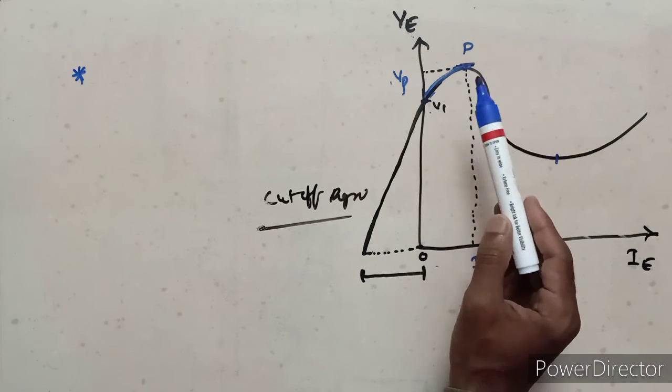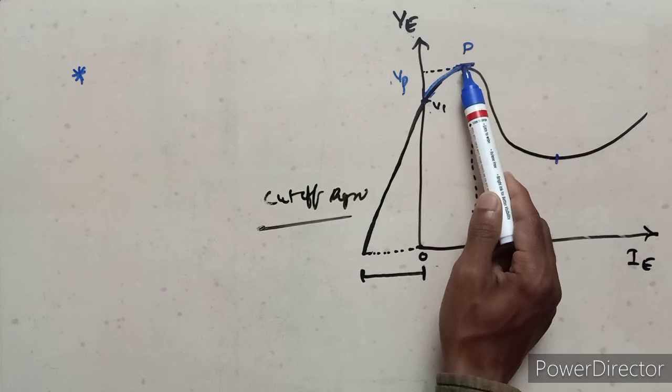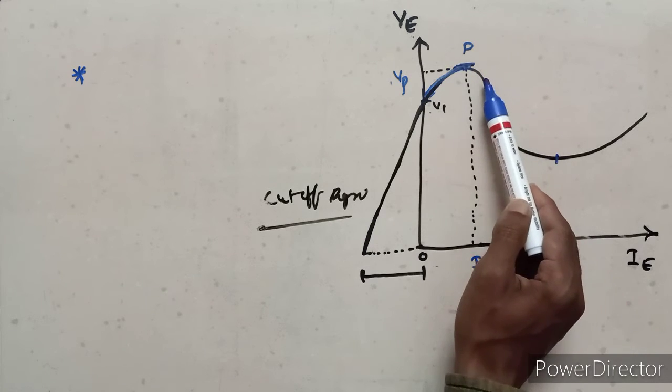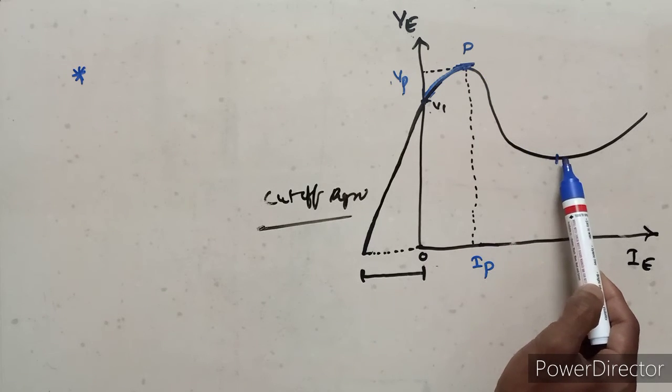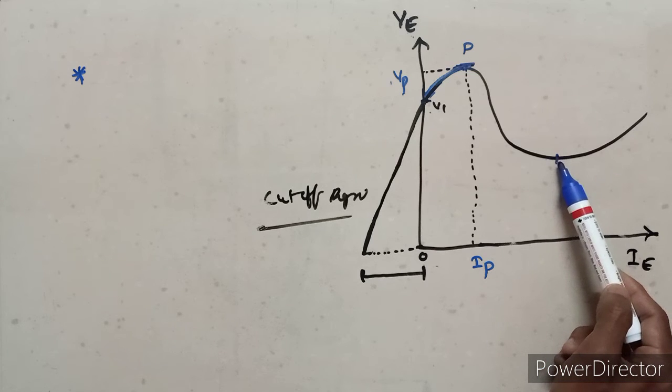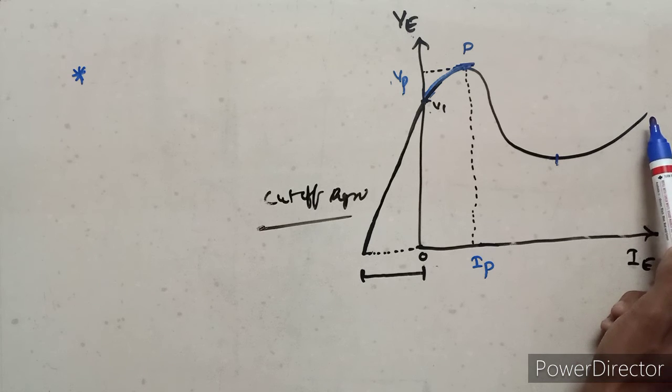So our third point is, after the peak point the emitter voltage suddenly drops to a low value, and the emitter current IE increases.